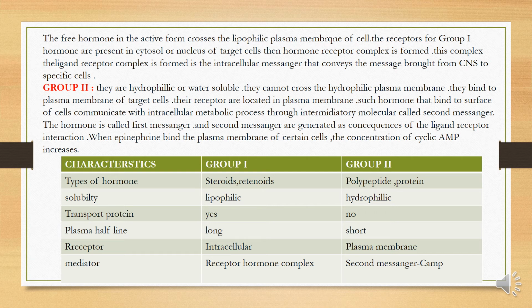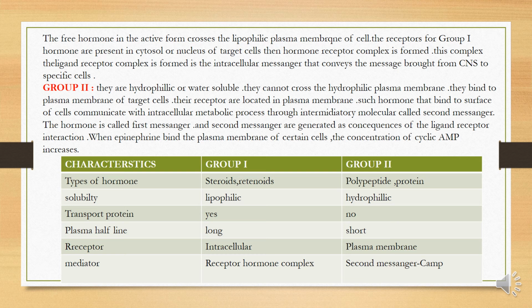The free hormone, in the active form, crosses the lipophilic plasma membrane of the cell, and the receptor for the group 1 hormone is present in the cytosol or nucleus of the target cell. Then the hormone receptor complex is formed. This ligand receptor complex is the intracellular messenger that conveys the message brought from the CNS to the specific cell.